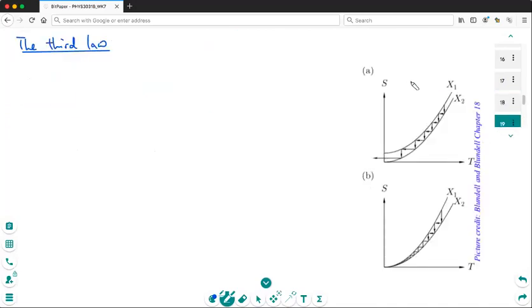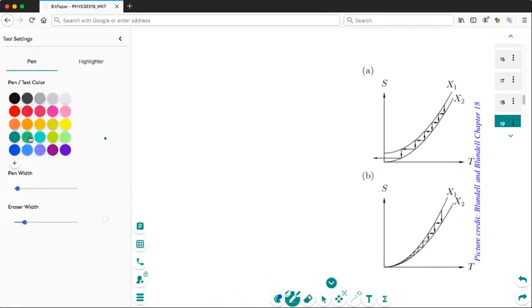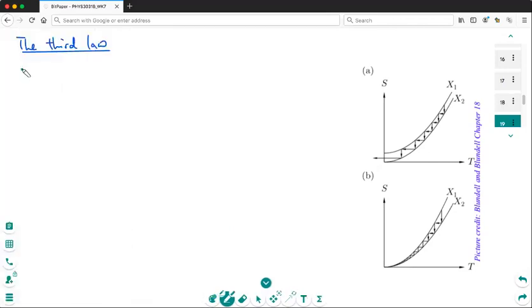Now, I redrew this in a more schematic way for me to develop my argument. So the third law is again based on empirical observation.